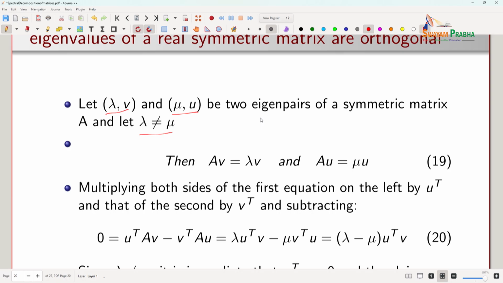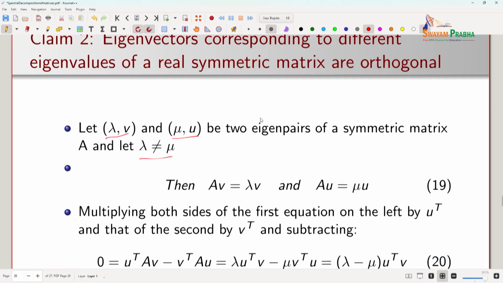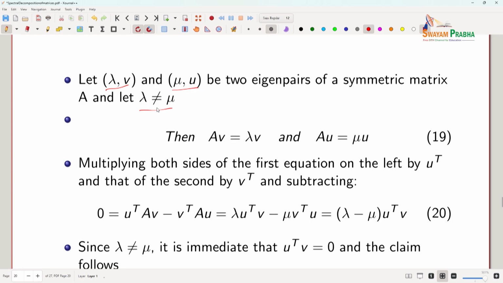So, lambda and mu are two real eigenvalues and let them be not equal. So, what is the claim we want to prove? The eigenvectors corresponding to different eigenvalues of a real symmetric matrix are orthogonal. So, lambda is not equal to mu, lambda and mu are real. v and u are corresponding eigenvectors of lambda and mu, and we have to demonstrate that u and v are orthogonal to each other.